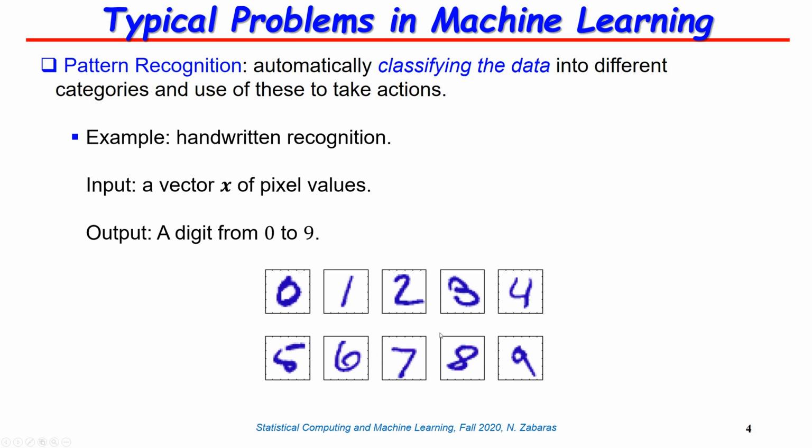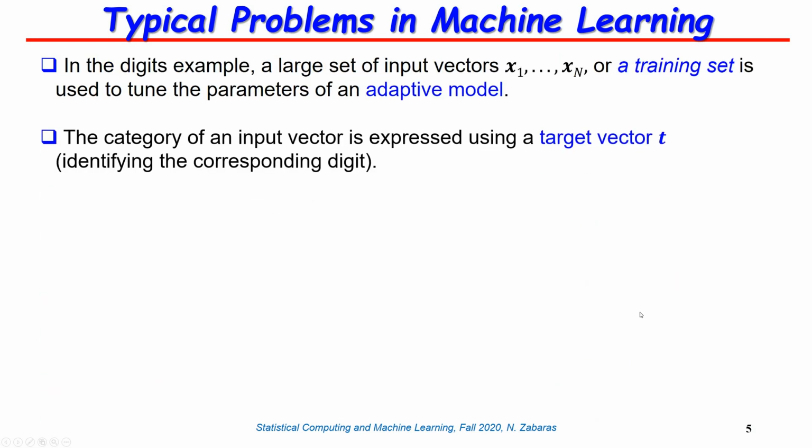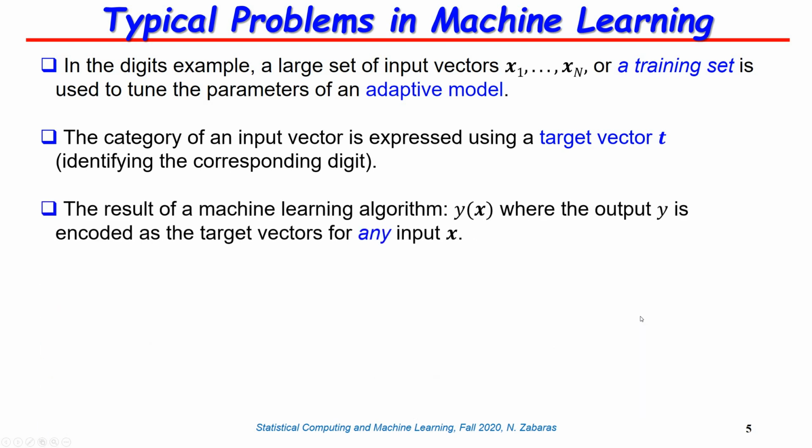I tell you what digit it represents, and your objective is to build this function y of x so that for any x you can tell me what digit that x is affiliated with. So we define the training data set, and the training data set involves x1 to xn. These are my images, but also the corresponding target vectors.